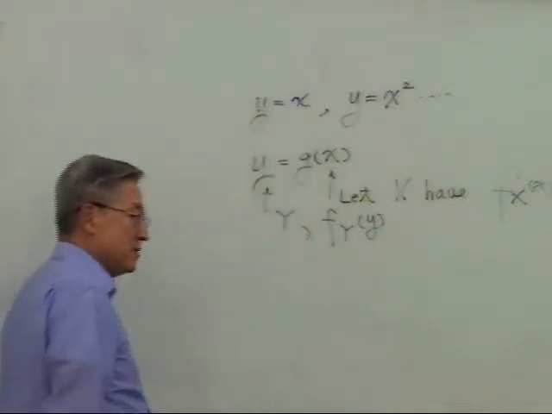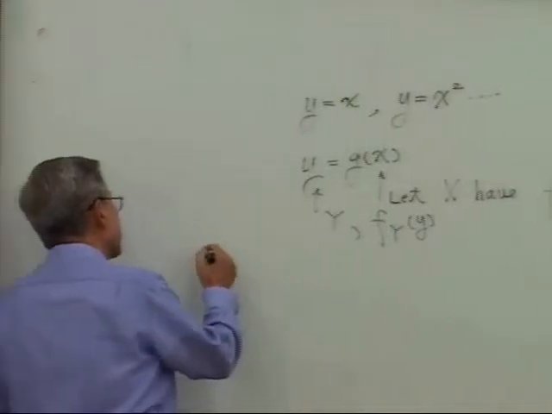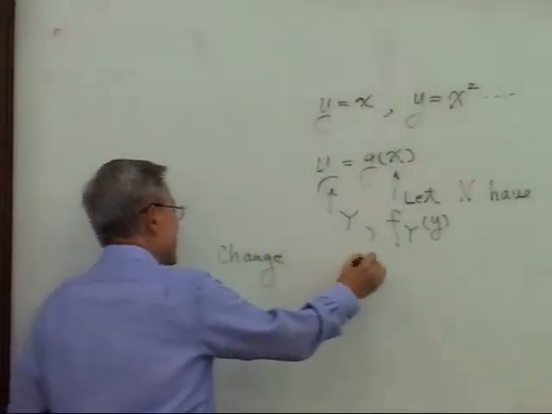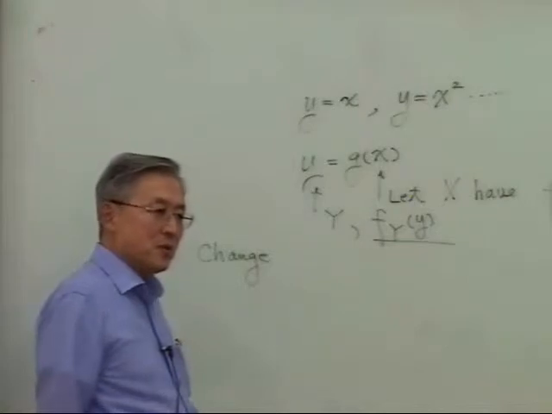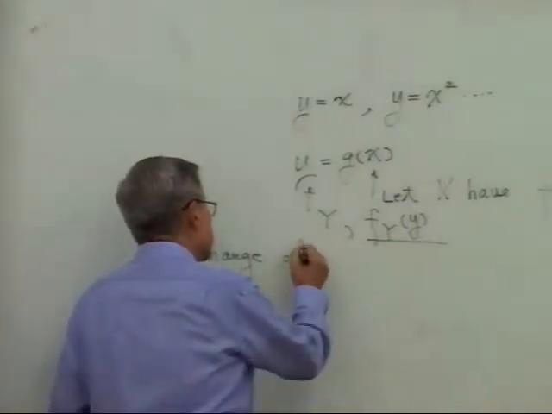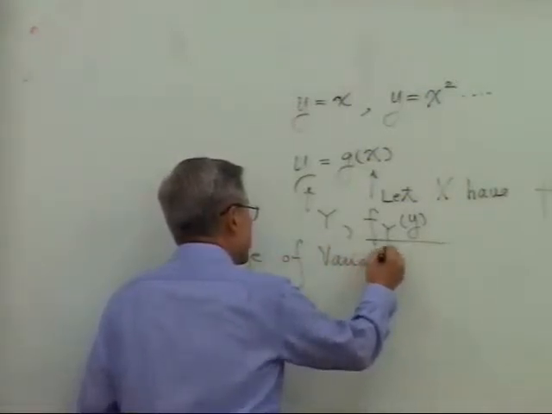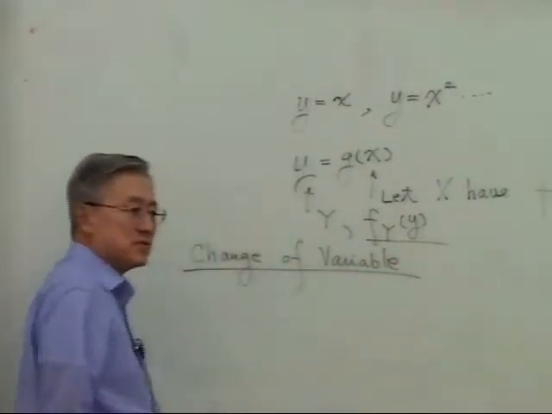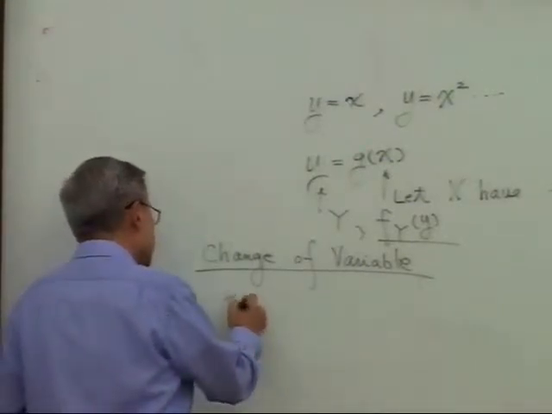So that's what we're going to learn a little bit. There are different methods to find the probability density function of y, but I'm going to use the so-called change of variable approach, because it is very straightforward.